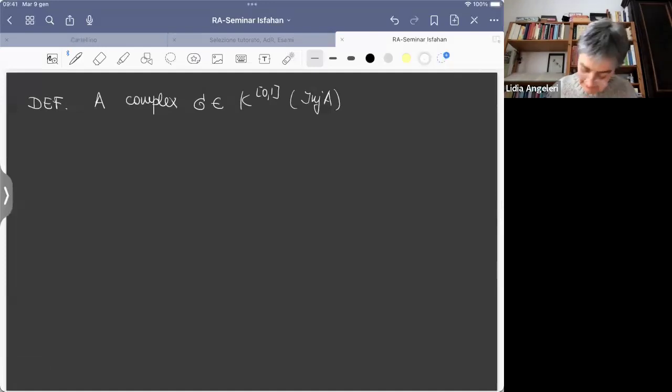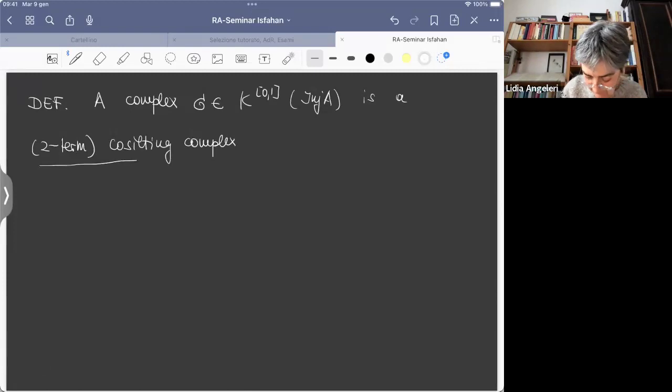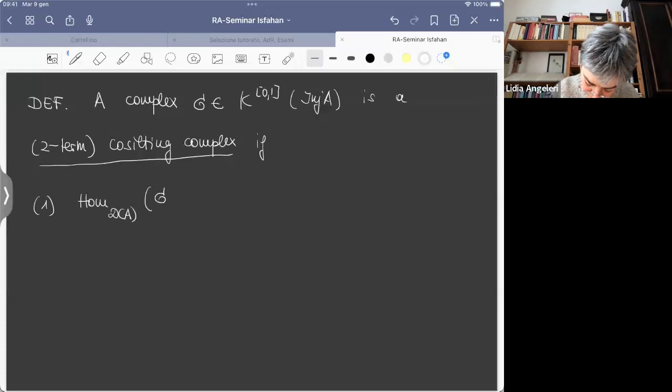This is a two-term Kosilting complex if it satisfies two conditions. First of all, it has no self-extensions, so Hom in the derived category from a product of copies of sigma to the shift of sigma has to be 0 for any set I.